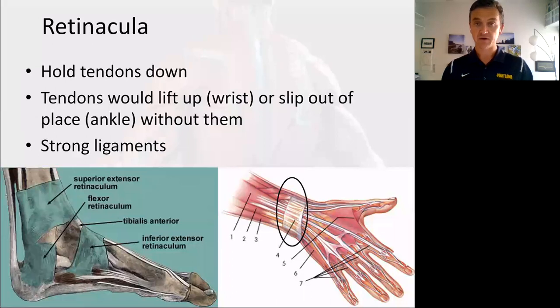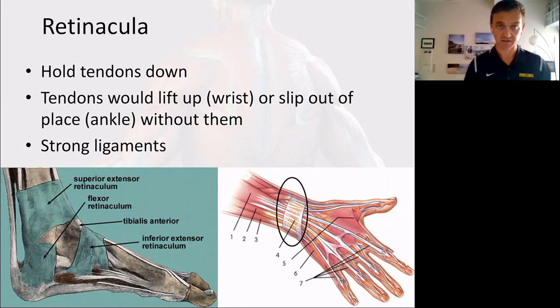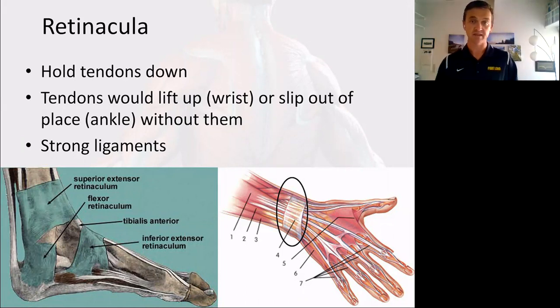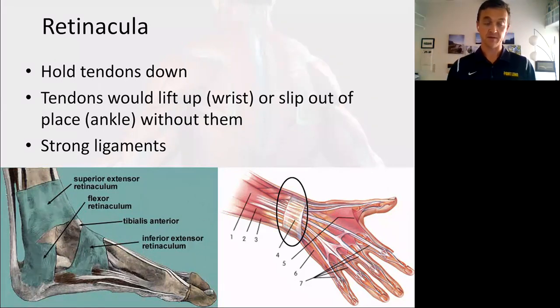Okay, another kind of version of something that is helpful to the muscular system is called a retinacula. And a retinacula's job is to hold tendons in place, okay? The problem that the retinacula are helping us solve is that the shortest distance between 2 points is a straight line, right? And so think about your wrist, for example, okay?